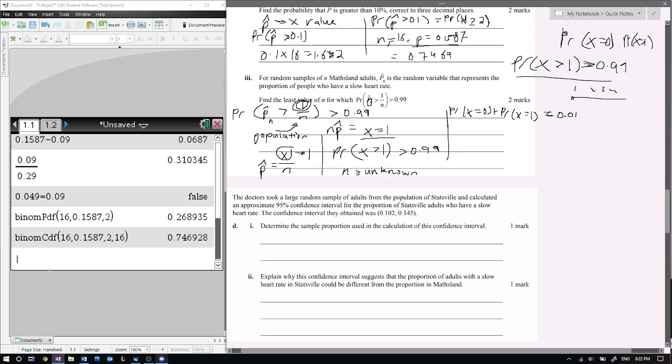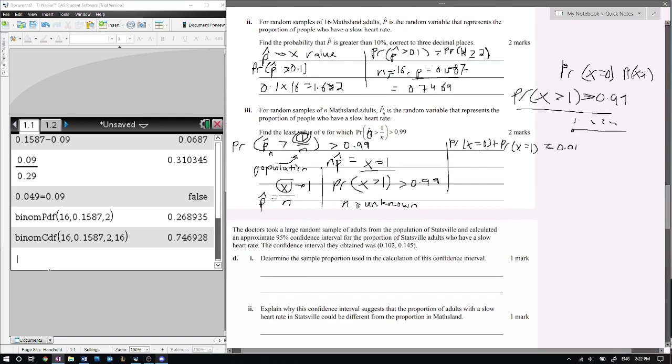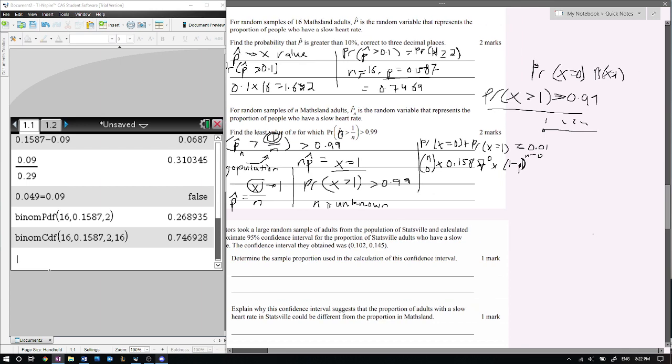Okay, so then we use our binomial distribution formula. So n choose 0 times p to the 0. P, we know from carrying across from the last question, is 0.1587. To the 0 times 1 minus p to the n minus 0. I'm going to have to go a bit across here.